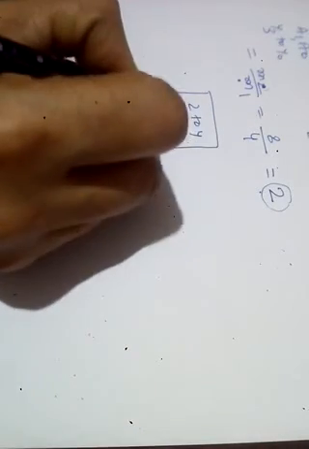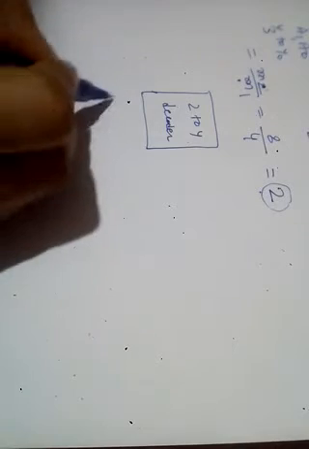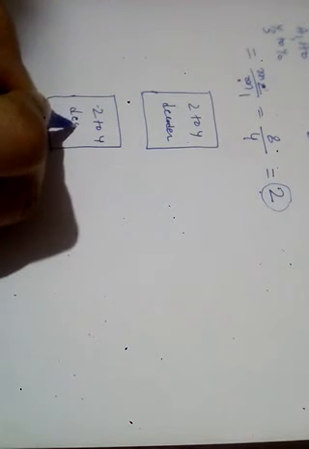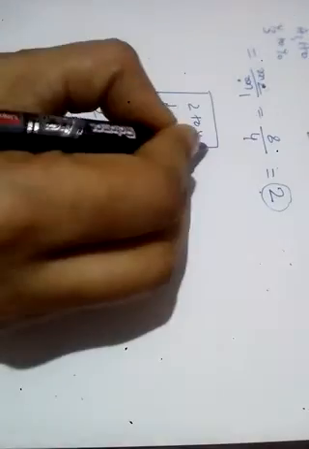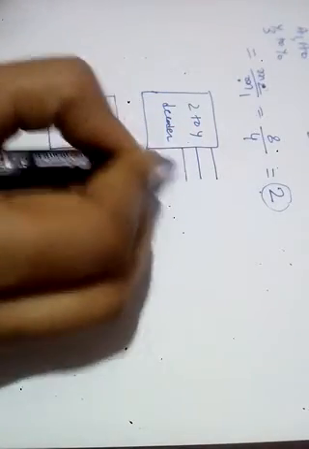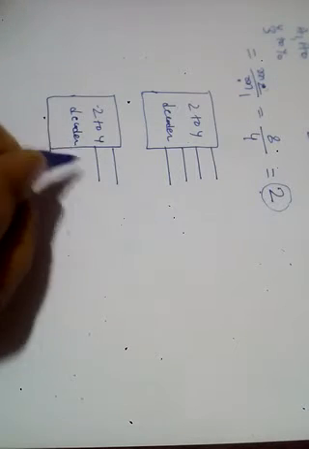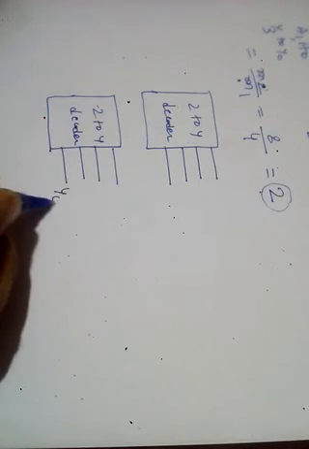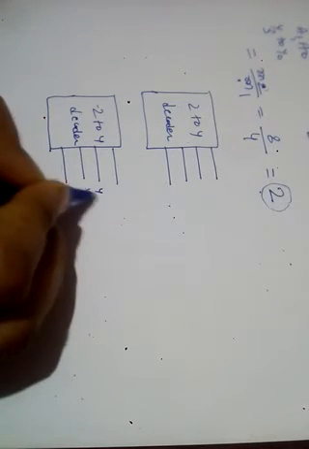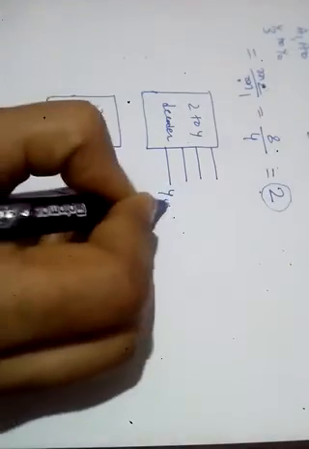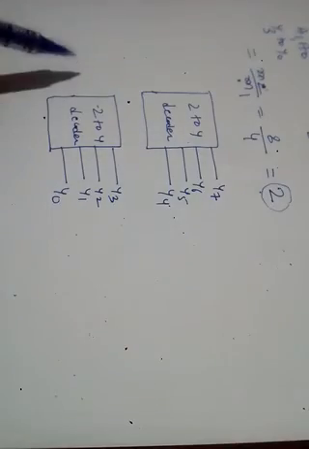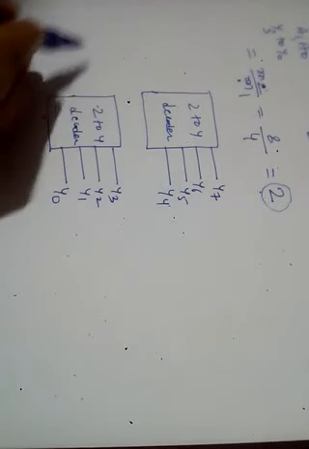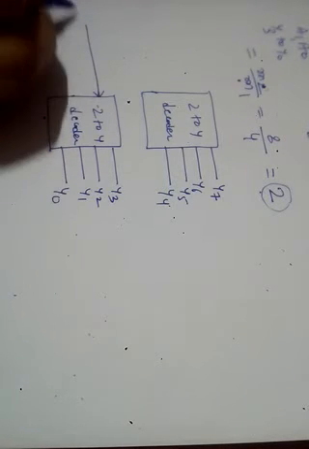This is a 2 to 4 decoder, and since we need two, we will use 2 to 4 decoders to implement the 3 to 8 decoder. Each has 4 outputs. Suppose these are Y0, Y1, Y2, Y3, and these are Y4, Y5, Y6 and Y7, and we need 2 inputs for this.